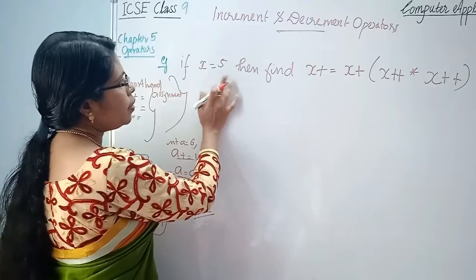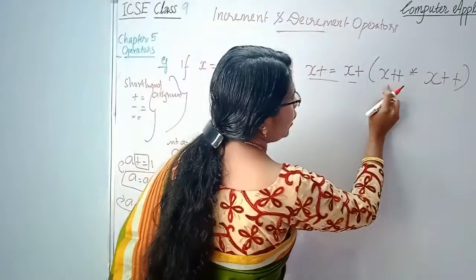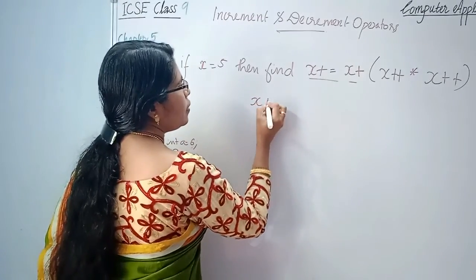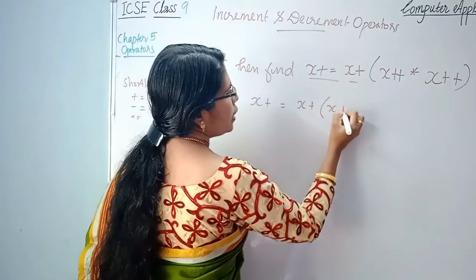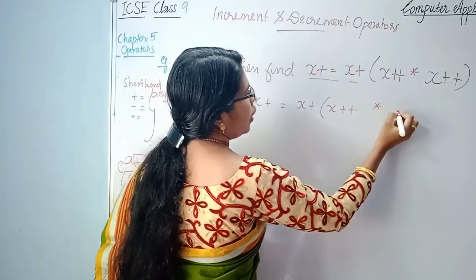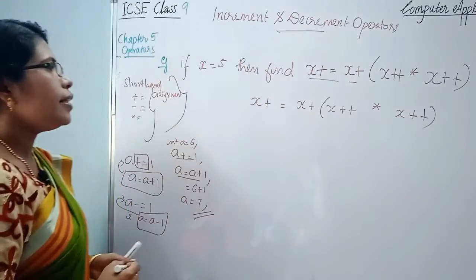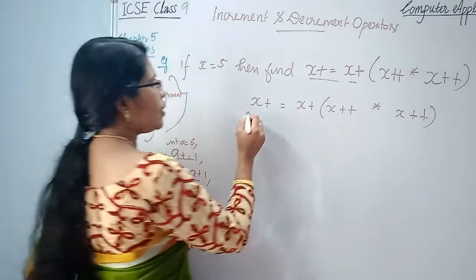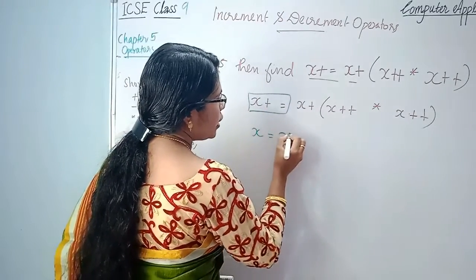Just look here, x equal to 5, then find x plus equal to x plus x. Inside the brackets has given some other expression. So how will you write x plus equal to x plus? I am rewriting the same, okay? X plus plus into x plus plus. X plus equal to means this is a shorthand assignment operator. So we will write as x equal to x plus.